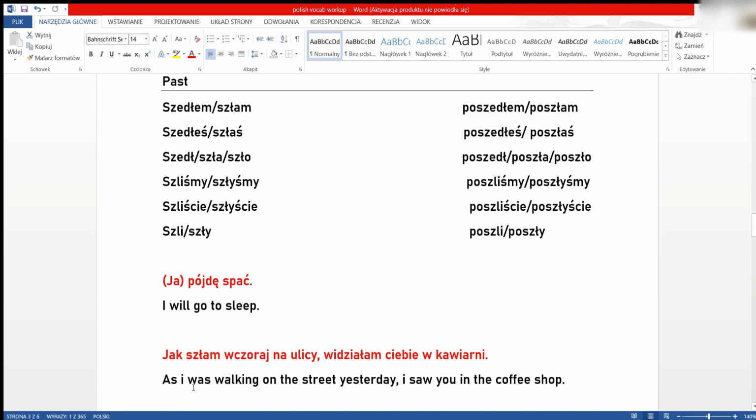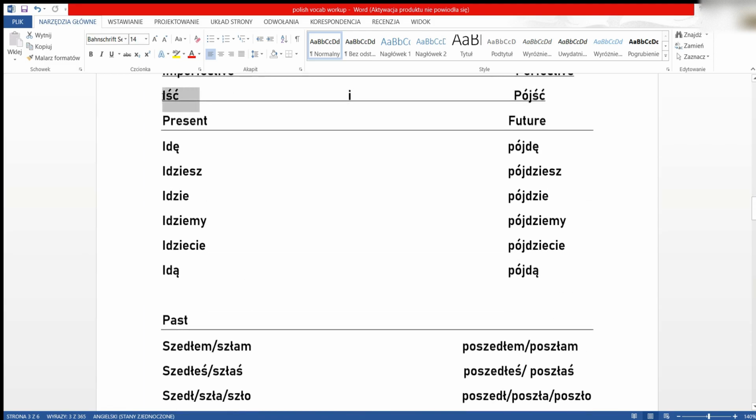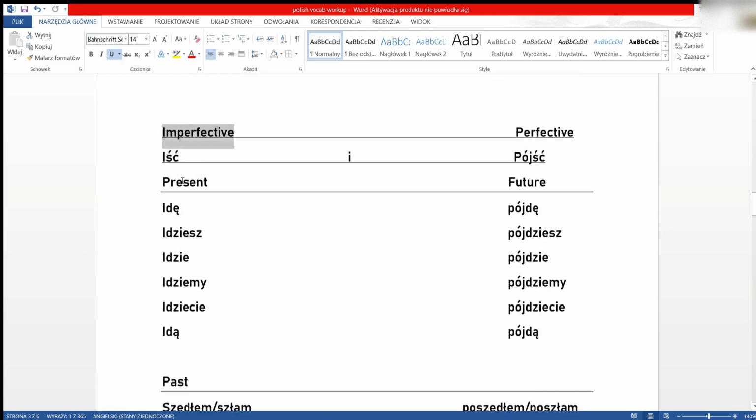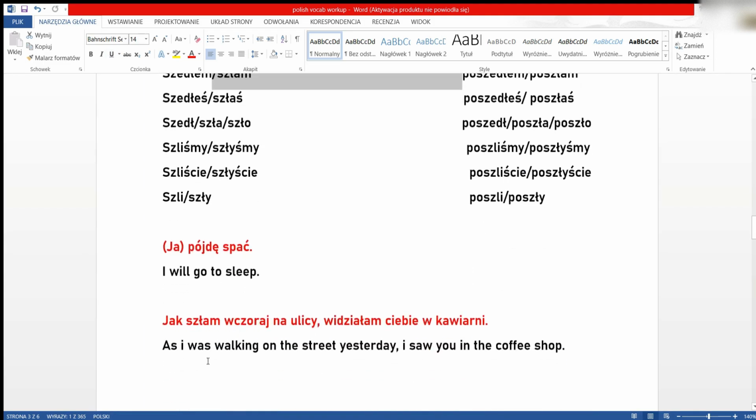As I was walking on the street yesterday, I saw you in the coffee shop. Jak szłam, so was walking, we use the past continuous, the imperfective form. So szłam, when I was walking. Widziałam ciebie w kawiarni.